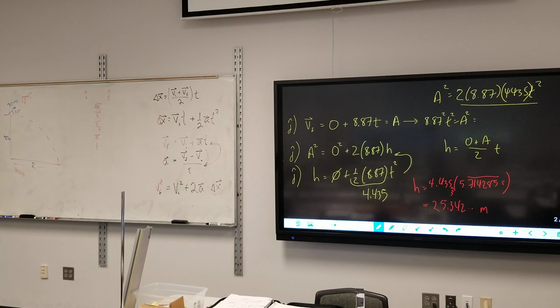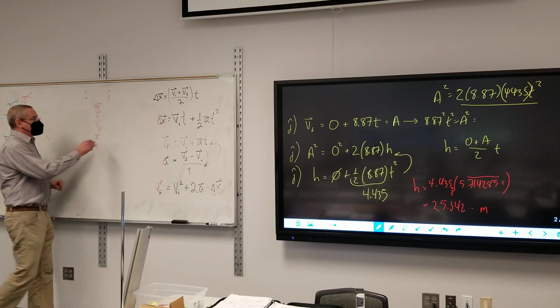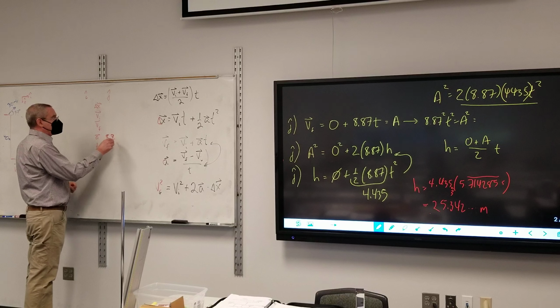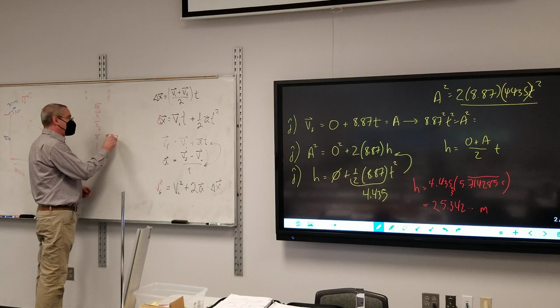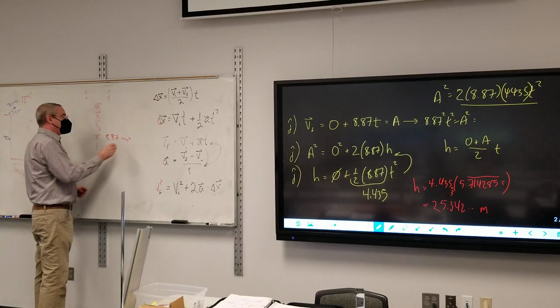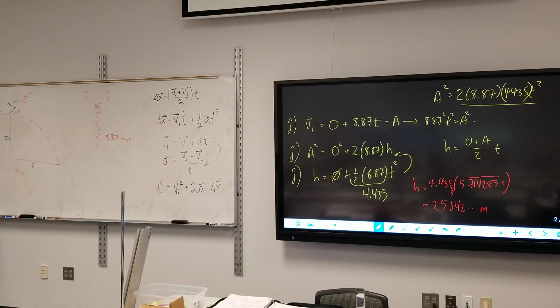We're talking about the problem once it's in the air, not while it's being launched, but once it is launched, before it actually touches the ground, the acceleration is downwards. So it is indeed J hat, so 8.87 meters per second squared. And what about horizontally? What's the acceleration? 0 meters per second squared.